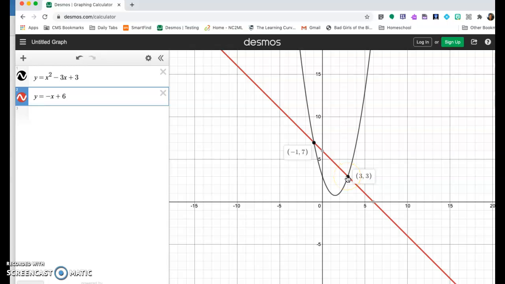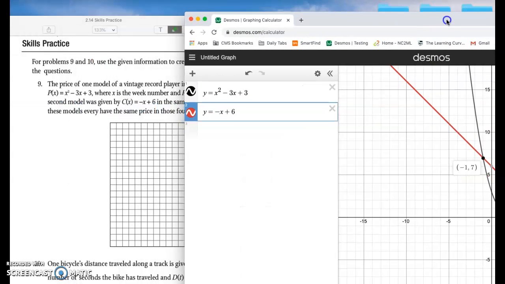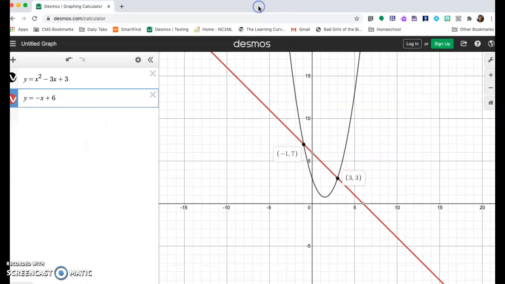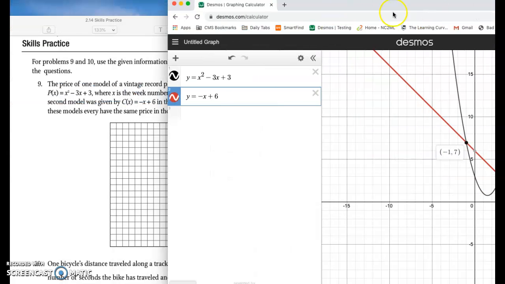So we have one at -1, 7 and 3, 3. What we want to think about is that our scenario is representing price and time. And we're never going to have negative time, which means we're going to eliminate one of our answers. So the answer 3, 3 is the only one that works in this scenario.